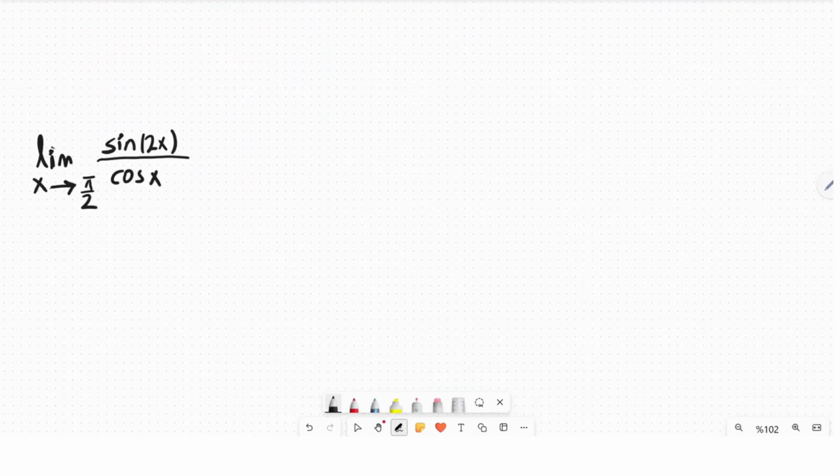So let's see the next example. As x goes to pi over 2, the top is approaching 0 and the bottom is going to 0. To eliminate this indeterminate form 0 over 0, we need to manipulate our expression by using some trigonometric identities.